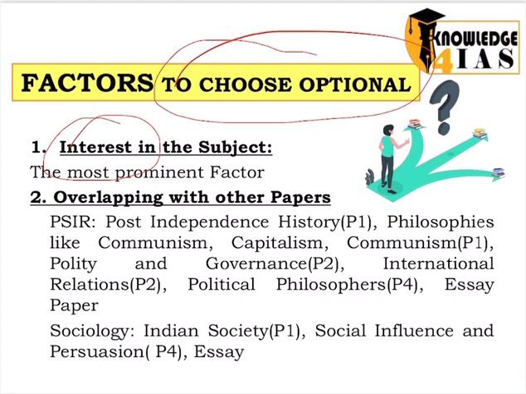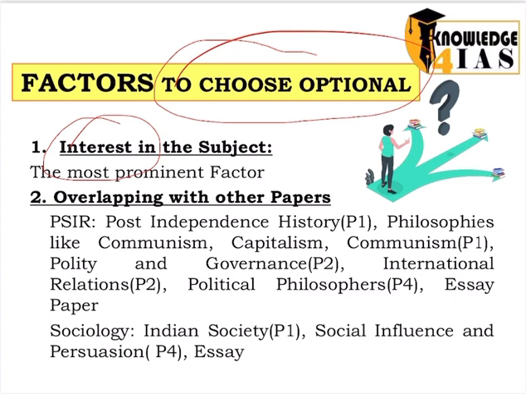And this is also important for one more reason: it has been seen that the majority of people qualify UPSC in the second, third or fourth attempt. In fact, this year in 2019, there are two rankers who have qualified UPSC in the sixth attempt and ninth attempt. So imagine the situation when you have to fight with an optional paper for 5 to 6 years, and you can fight with a paper only when you have a very deep interest in that subject.